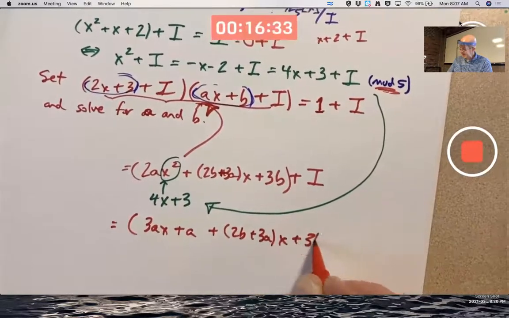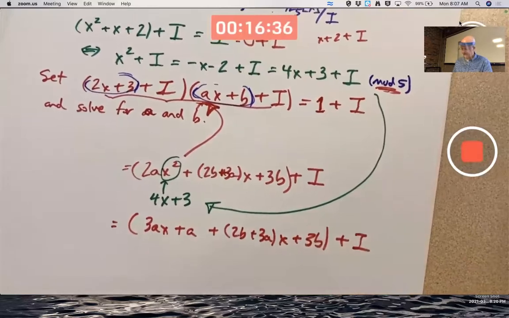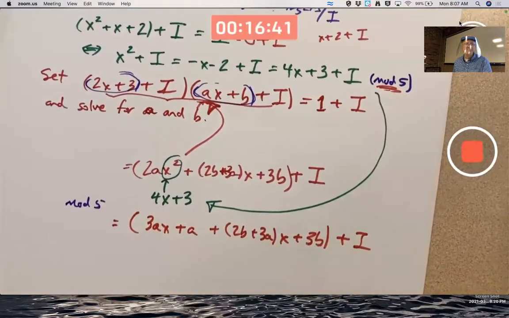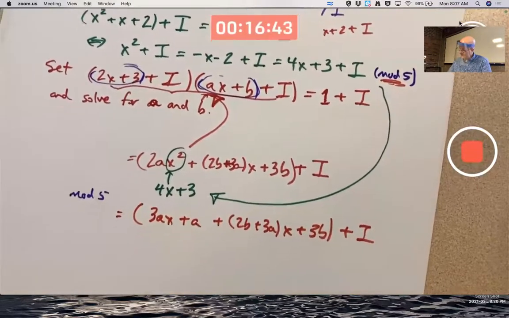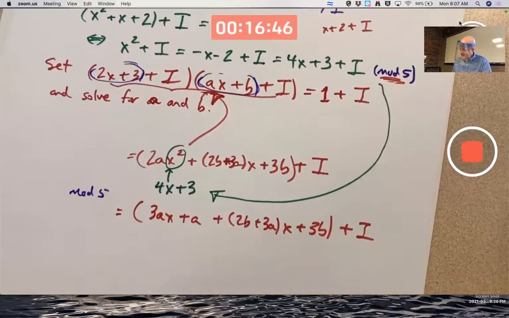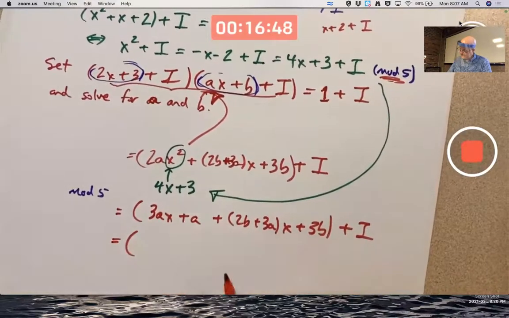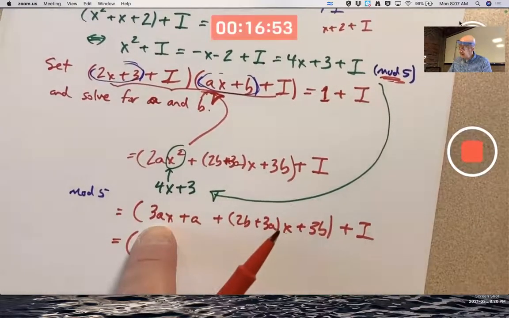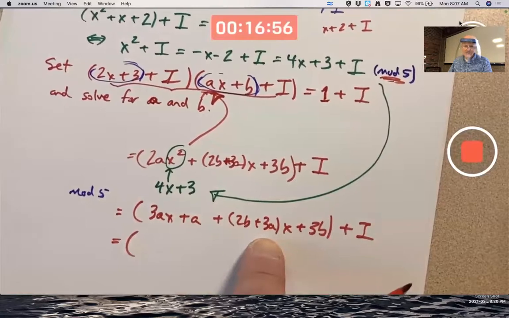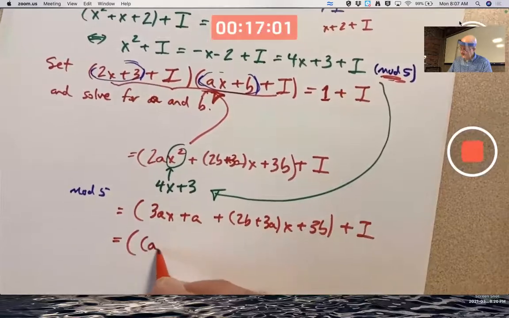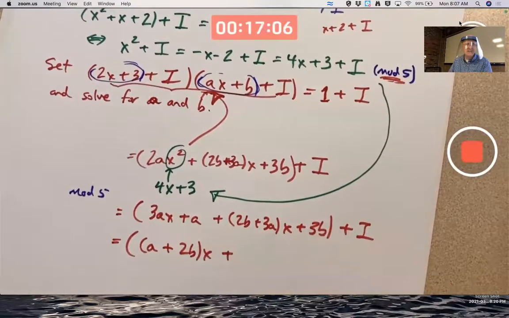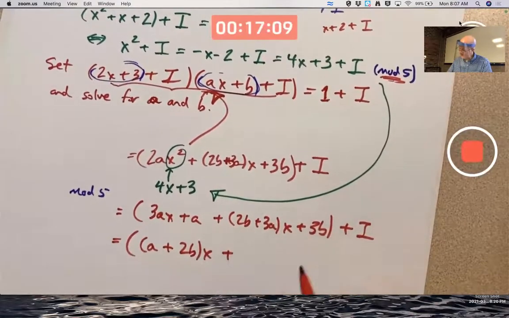Everything else is still the same. Again, we're doing mod 5 arithmetic. Group together the like terms. The ones involving x, 3ax plus this 3a plus 3 is going to be 6a, or just a mod 5. Then we have a 2b. And then your constant terms are the a and the 3b.